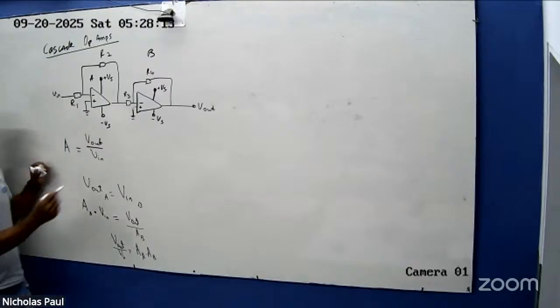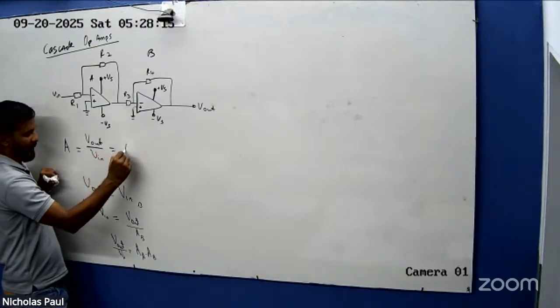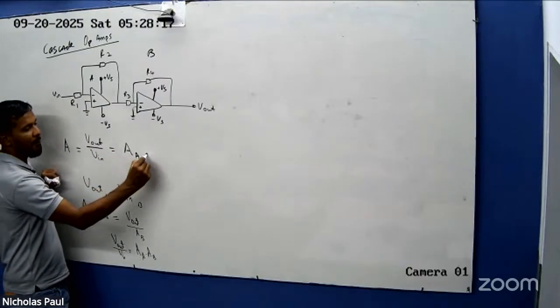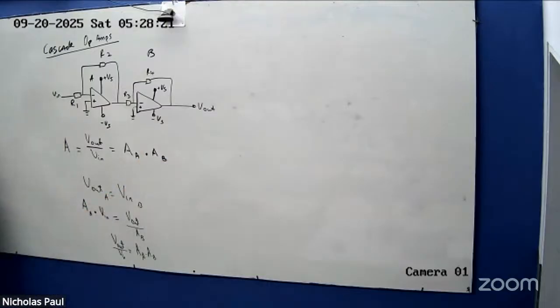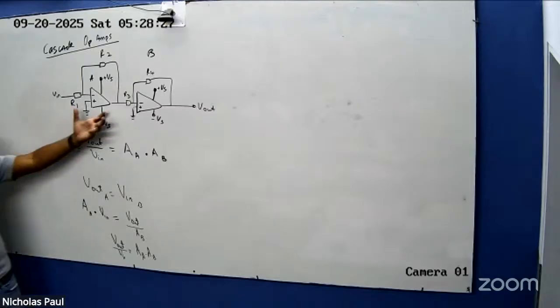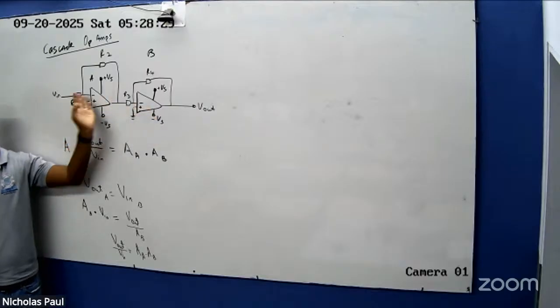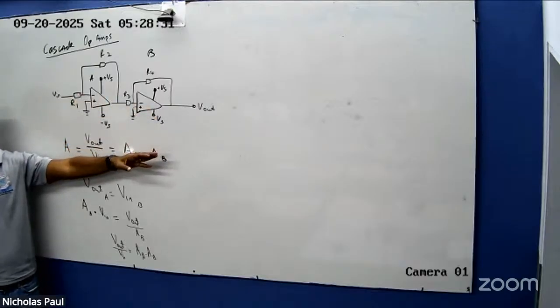So all I need to do is find the gain in A and multiply it by the gain in B. You see that? Okay. So cascade cells: find the gain here, find the gain here, and multiply it. That's all. That's okay?